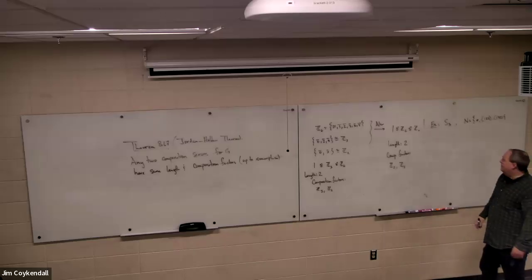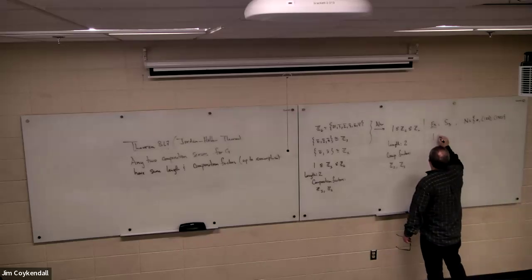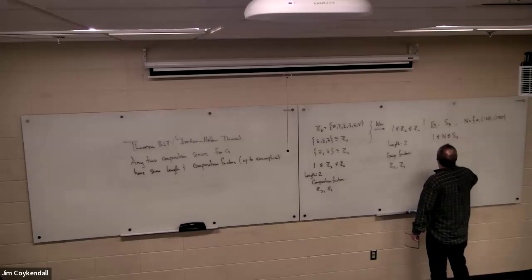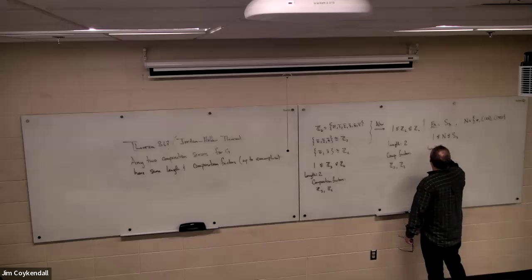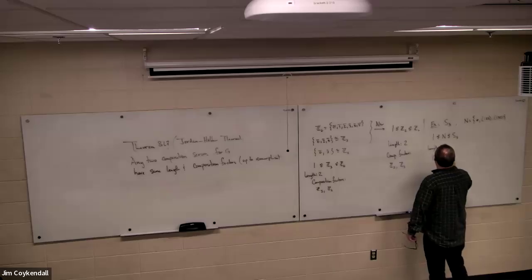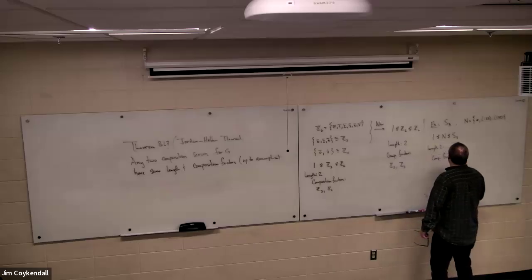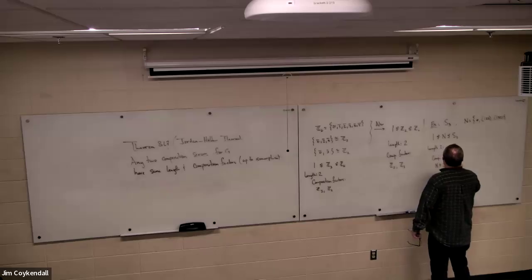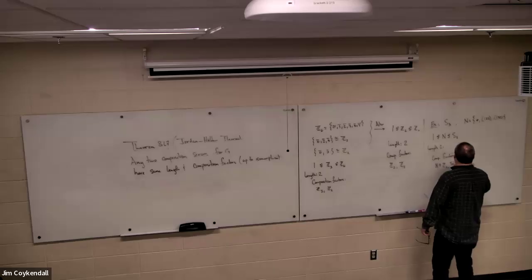This one was very similar to the previous one. So here I have length 2, composition factors, let's see, N, which is isomorphic to Z3, and S3 mod N, which is isomorphic to Z2.